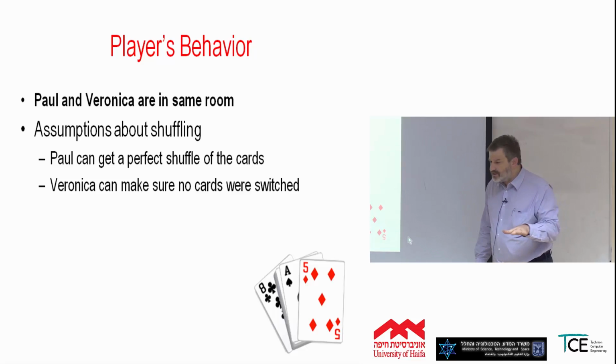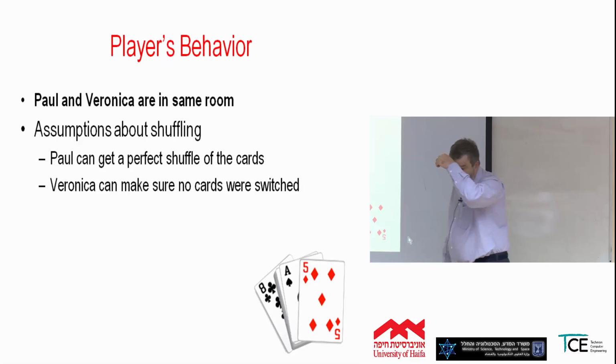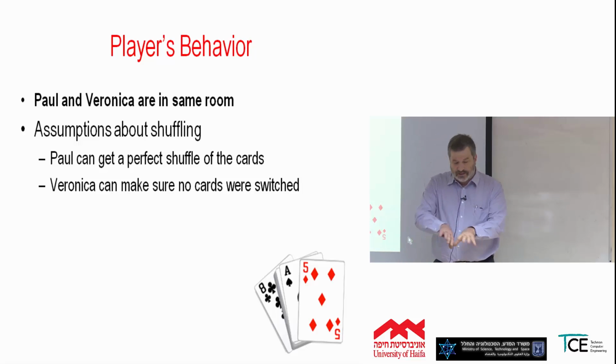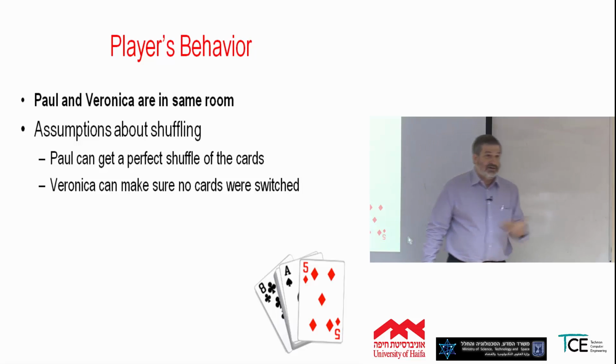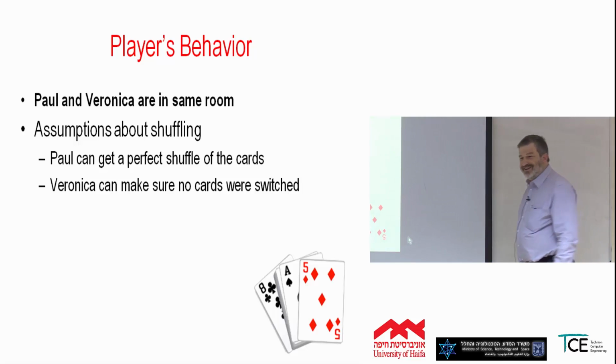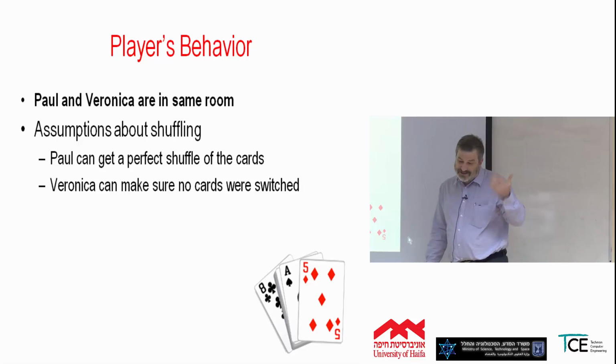We're also assuming that Paul can get a perfect shuffle of his cards. Veronica can make sure that no cards were switched. That is, Paul is doing the shuffling, and we're assuming that she can make sure that he's not putting in a new card or something like that. If you're into playing poker or whatever, that's an important property to have, and perhaps it's not so trivial, but we have to assume it.